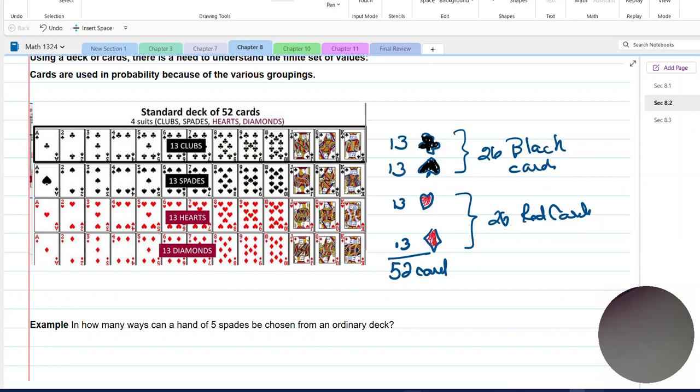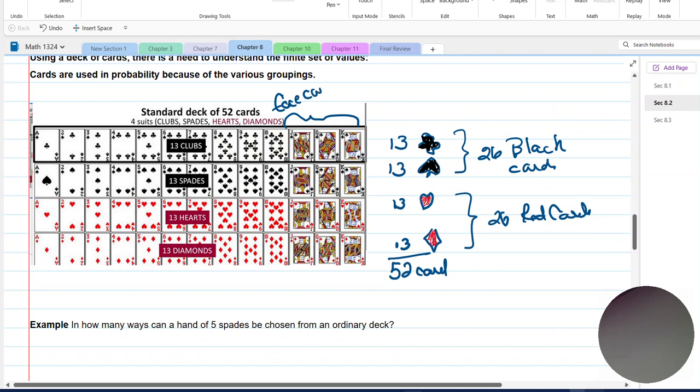So when we talk about probability, then we know what we're saying. This set here is known as face cards. And there are 12 of those. And then the aces and numbers are 1 through 10.